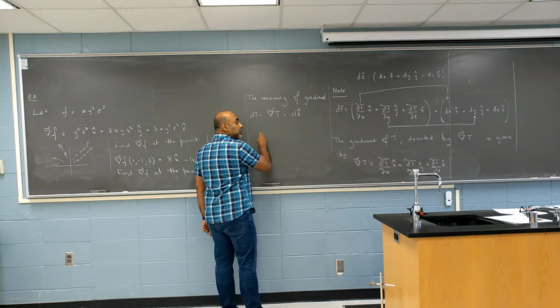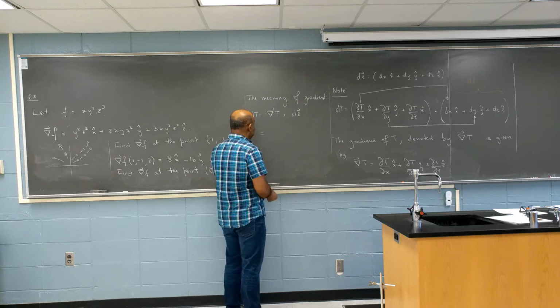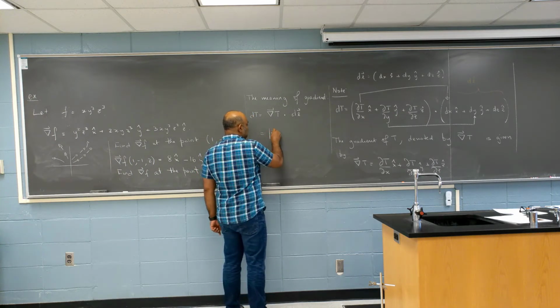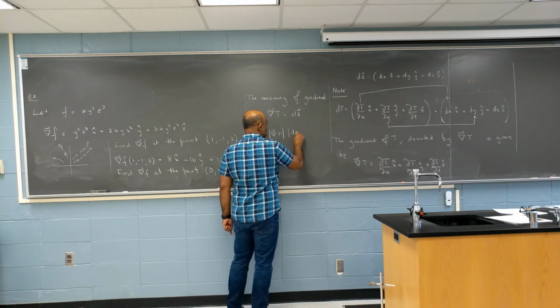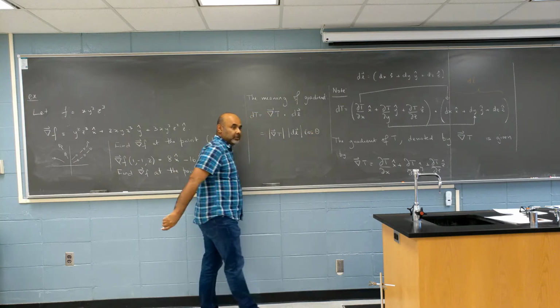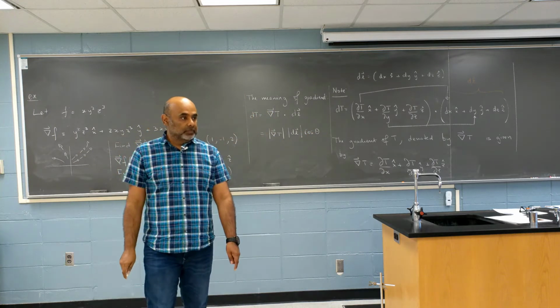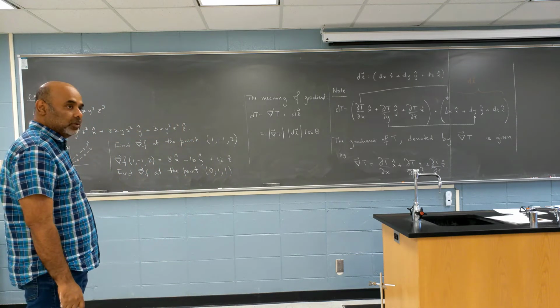And I know how to take dot products. We learned that last week. It is the magnitude of this guy times the magnitude of that guy times the cosine of the angle between them. Correct?